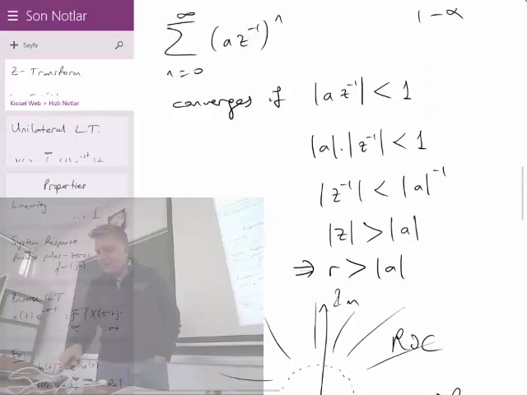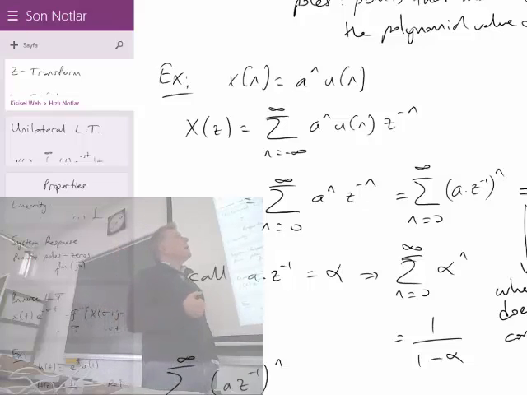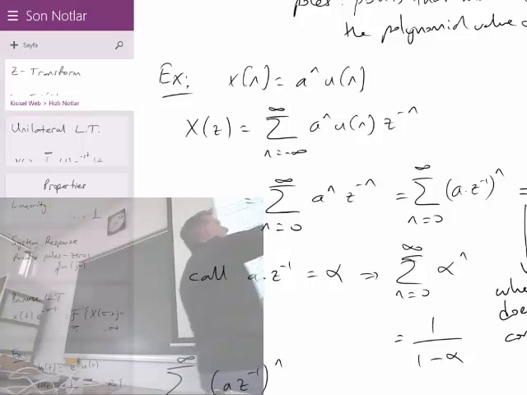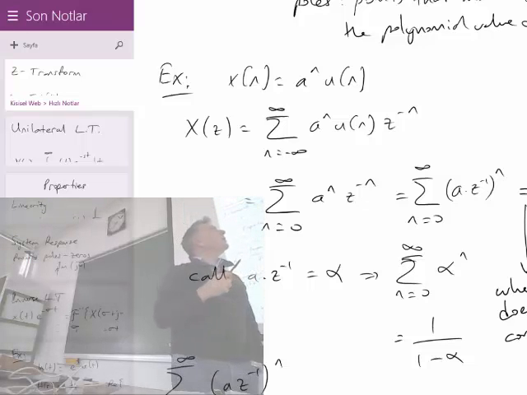Now, let's remember our Fourier transform knowledge. We said that this thing converges, the Fourier transform exists, if a is less than 1. Because if a is greater than 1, then it will be like 2 to the power n, and 2 to the power n is a growing exponential.